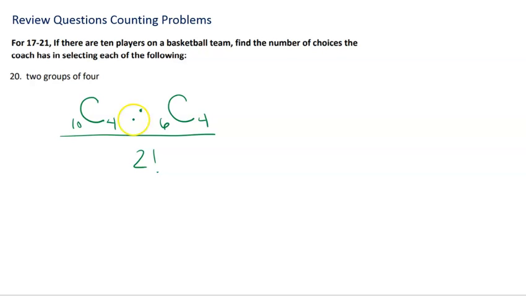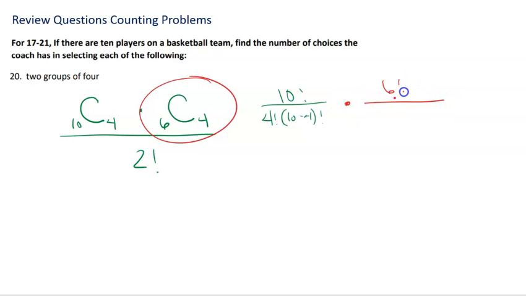So here we go. 10 choose 4. This is 10 factorial divided by 4 factorial times 10 minus 4 factorial, which is 6 factorial. Then we multiply that by 6 factorial divided by 4 factorial times 6 minus 4 factorial. And then all of that is divided by 2 factorial.